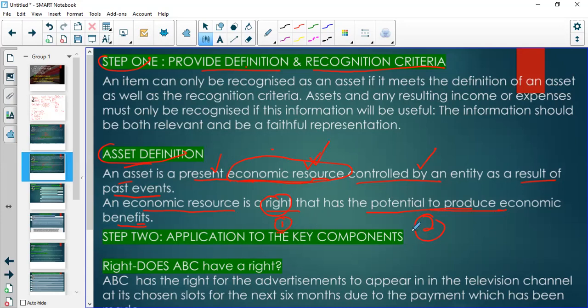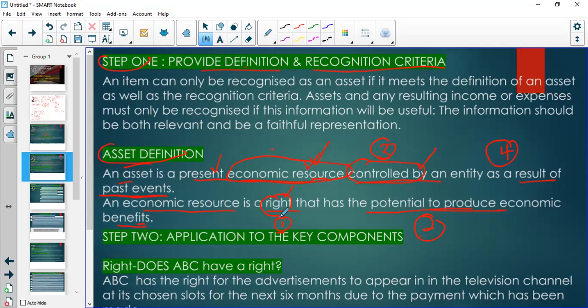If we identify these two, the right and the benefits, then we go to number 3, which is control. And we have to look for evidence that the entity can control that right. And then we need to identify finally the past event that actually allows us to have the right, what happened previously. So these are the four things that we need to identify when we're dealing with an asset.